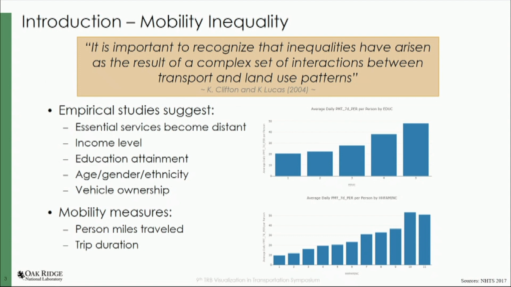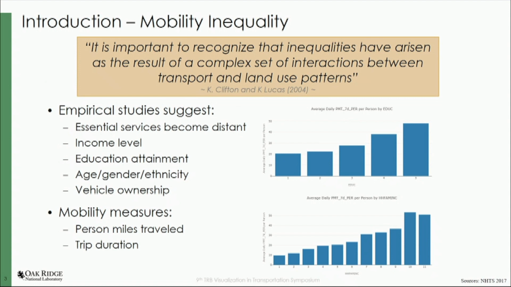Similarly, on the bottom, it's the same y-axis, but the x-axis is household income level. The higher the number, the higher the income you're getting. If you look at the total miles traveled, you can see that the higher the income you're getting, it seems you're traveling more. So what does it mean to have higher person miles traveled?